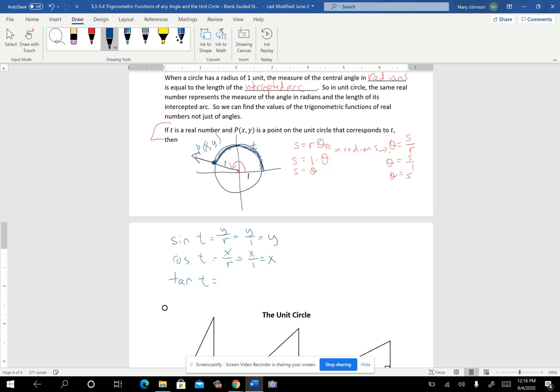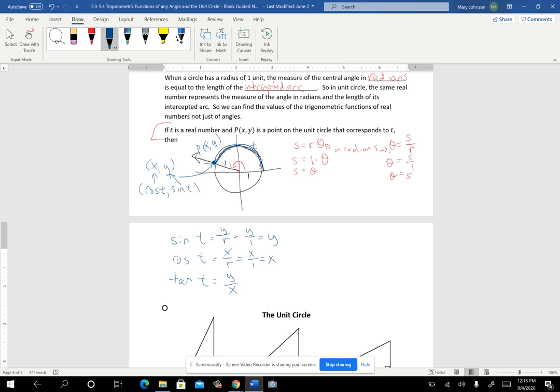So the cosine of t would just be x, and then tangent would be y over x, just like it always was. So when you're looking at that, really think about it. That means this point right here that was (x, y) is really (cosine of t, sine of t), because cosine t is x and sine t is y.